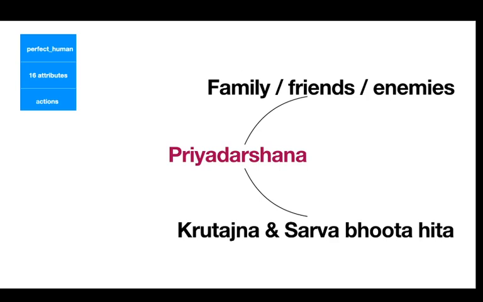That is, if somebody is Kritajna, that he is acknowledging the help done by others, and Sarvabhuta Hita, that is, he is most forthcoming to help others, then such a person is someone you look forward to meeting. Then he becomes Priyadarshana. Not only the physical attractiveness, but whose character is such that the very name brings happiness.